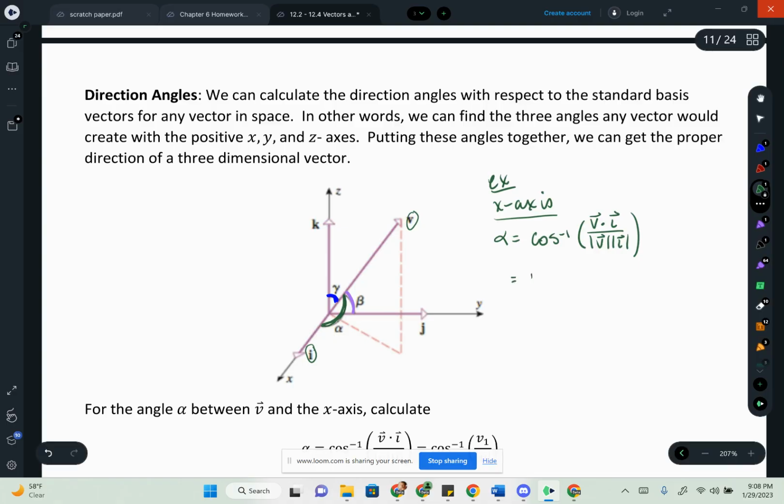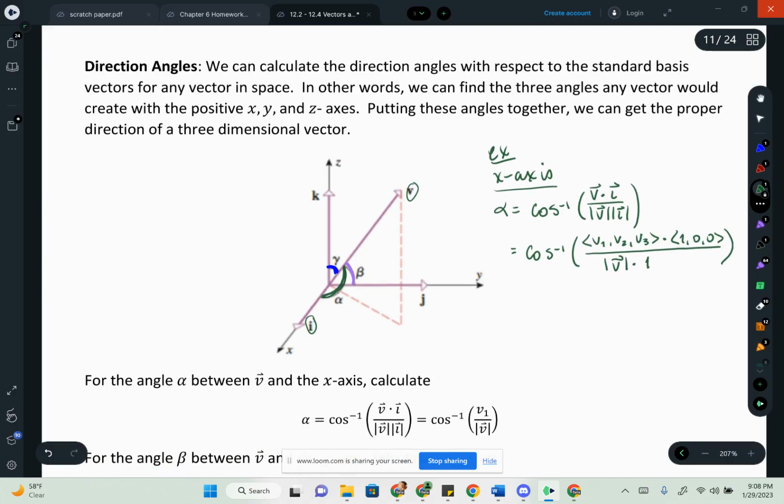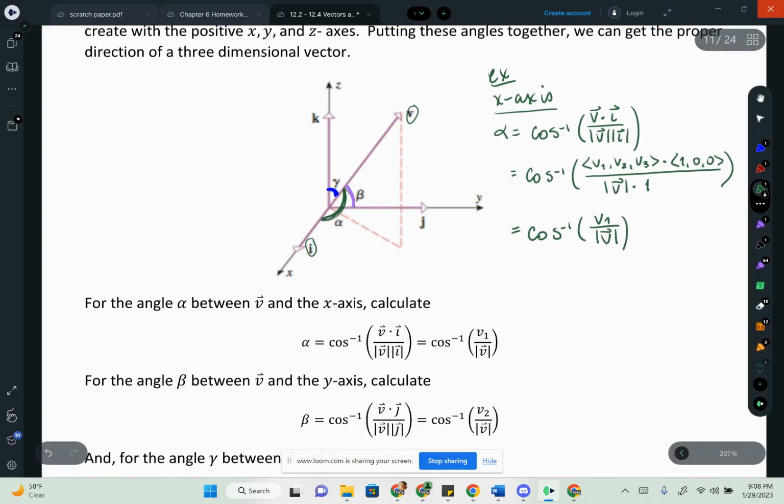And so when this simplifies, let's see, we've got cosine inverse of, just so we see it for giggles, v1, v2, v3, dotted with 1, 0, 0, divided by the magnitude of v times 1, because the magnitude of i is 1. And now see in the numerator, when I do that dot product, it's just going to give me the cosine inverse of v1 over the magnitude of v.